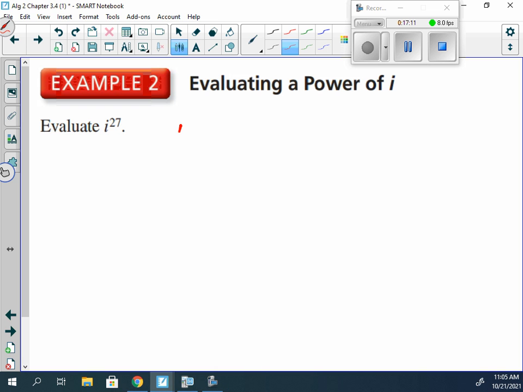So if I want to evaluate i to the 27th, we can do what? We can take 27 and divide it by 4, because again, for any i, we cannot have the power greater than 1. So we need to figure out how this simplifies. 27 divided by 4 is going to be 6.75.